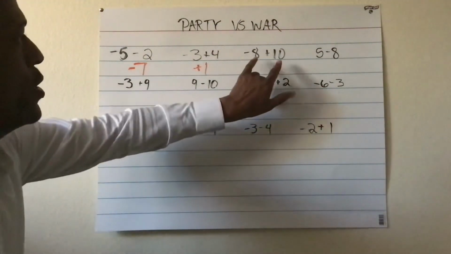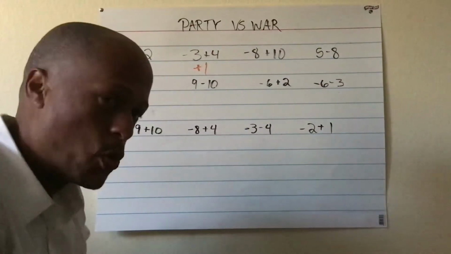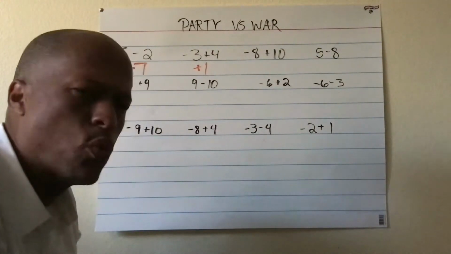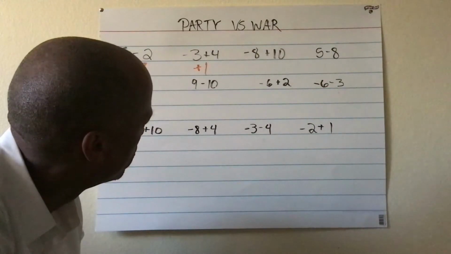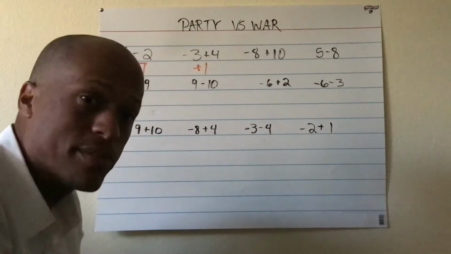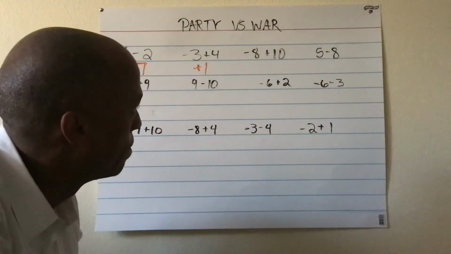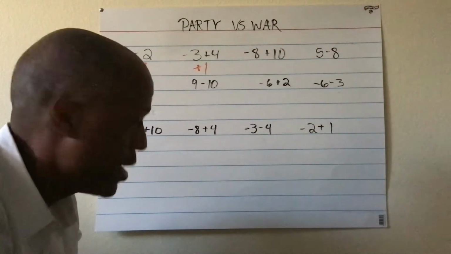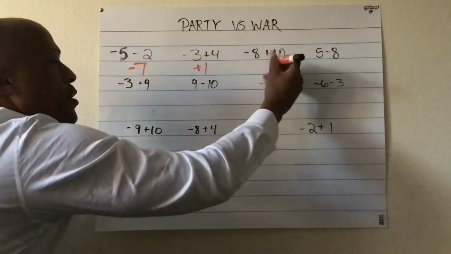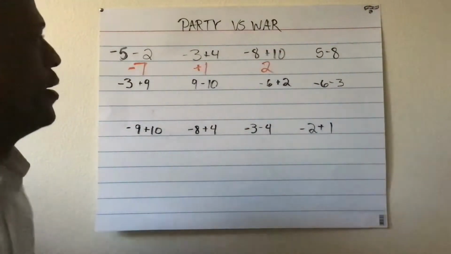We know positive numbers are positive. They have no sign in front. Okay, how about this one? -8 plus 10, party or war? War. Who wins the war? Positives, okay. And by how much do they win by? Positive 2. All right, very good. Let's keep going.